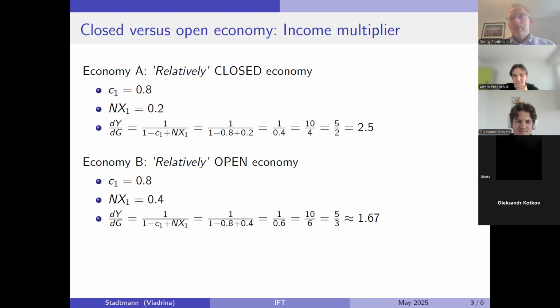And then, of course, he has to ask his wife how much he is allowed to spend in the bars. And the wife says, hey, C1 is equal to 0.8, so you are allowed to spend 80, and we have to save 20. So in the first step, we know that beer consumption will be up by 80 euros. The construction worker will spend 80 euros on beer.